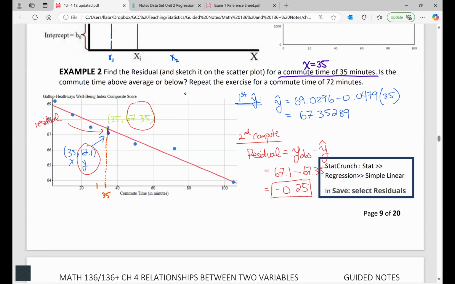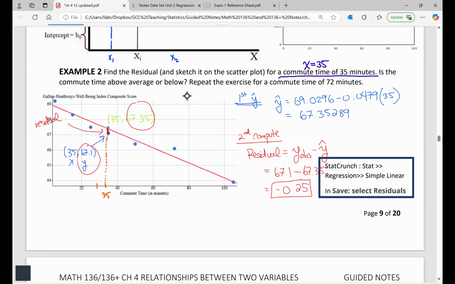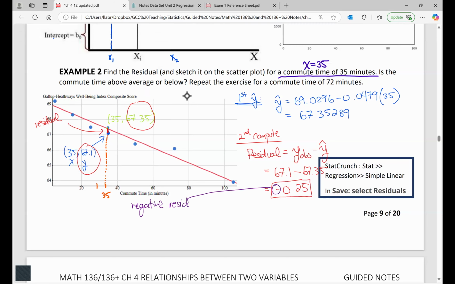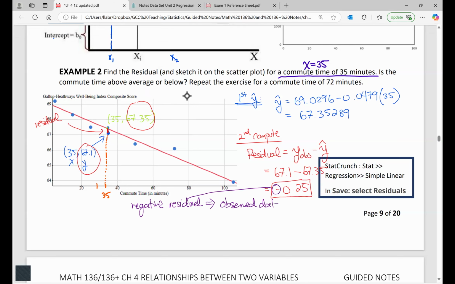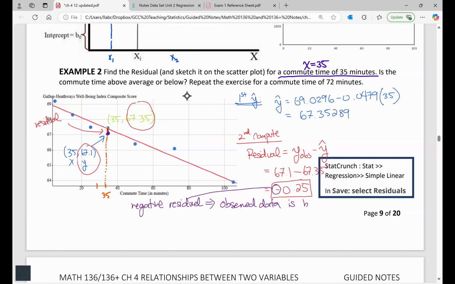Notice that the residual is negative. So let's write that down. A negative residual implies that my actual observed data, in other words, my data point, this one right here, is below the regression line.